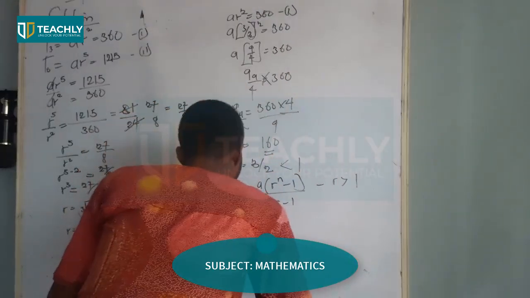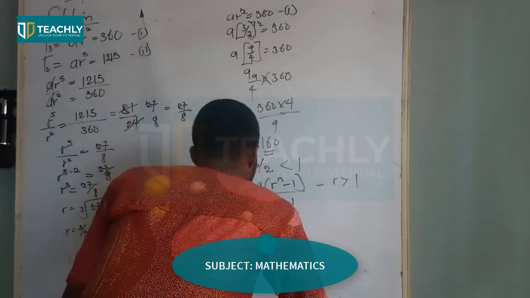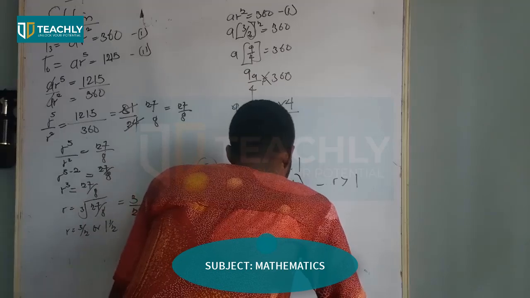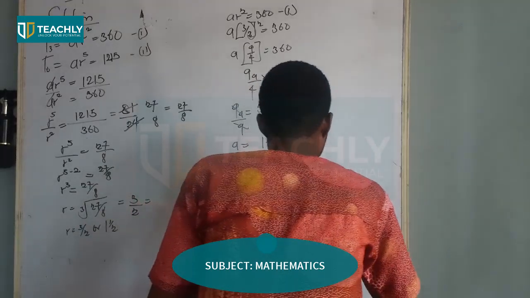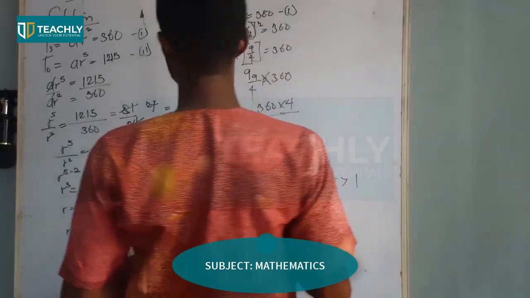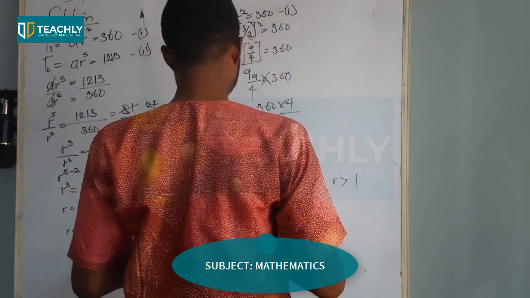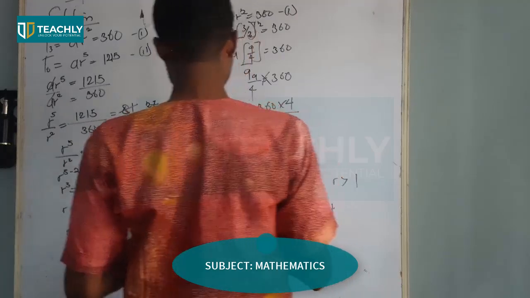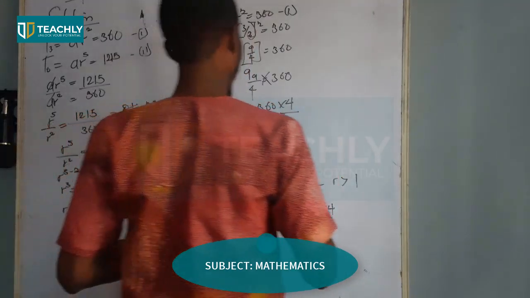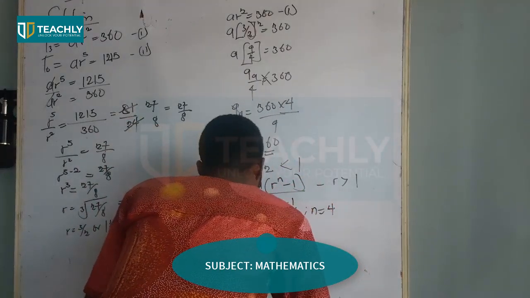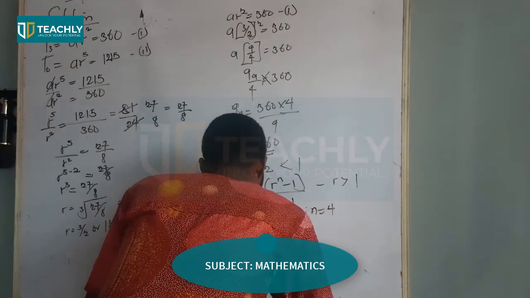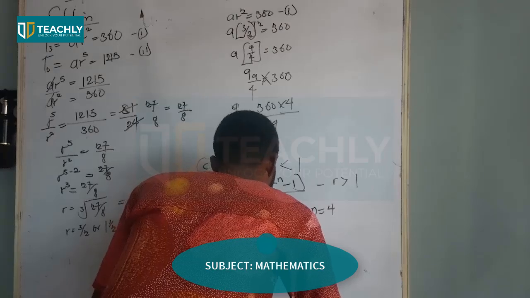So we have our A to be 360, we have our R to be 3 over 2, and then our N in the question, we're given that we should look for the sum of the first 4 terms.